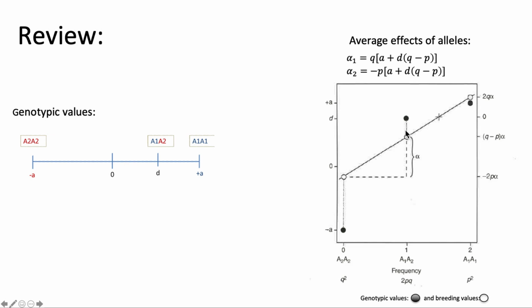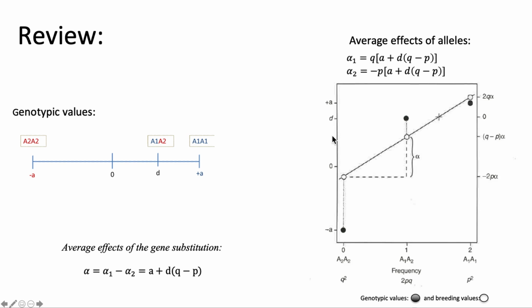There are some more complex models that try to include dominance and epistasis. We're not going to talk about those models in this course, but the most common approach is linear regression to predict the gene actions or the effect of the alleles.